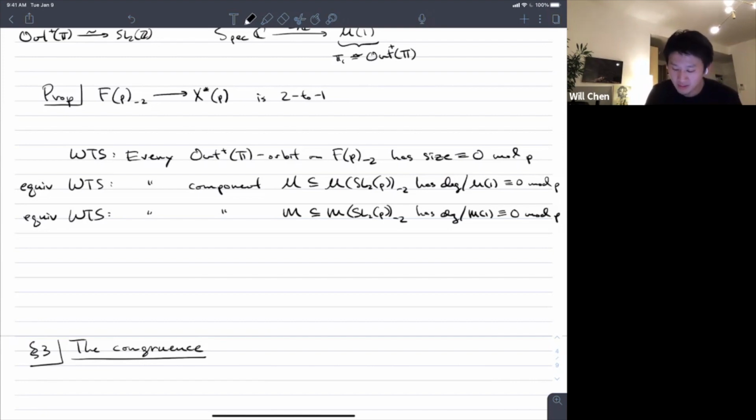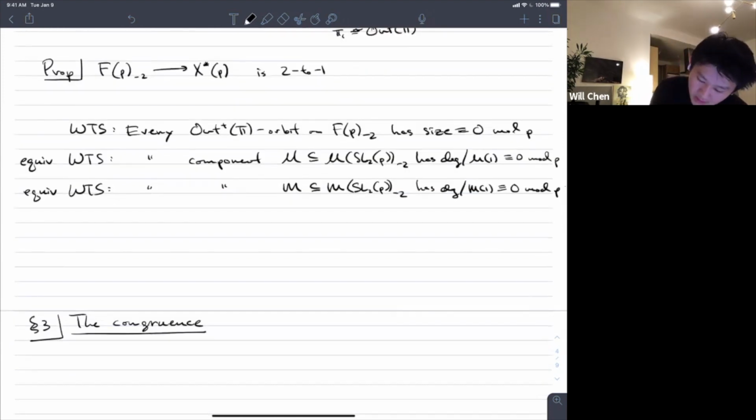So as long as P is odd, this is also equivalent. So this is a second key observation.